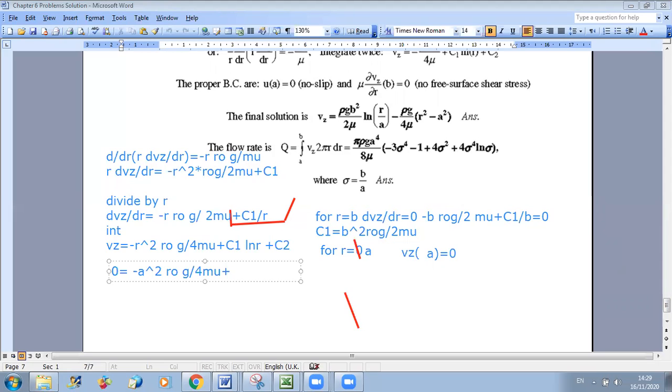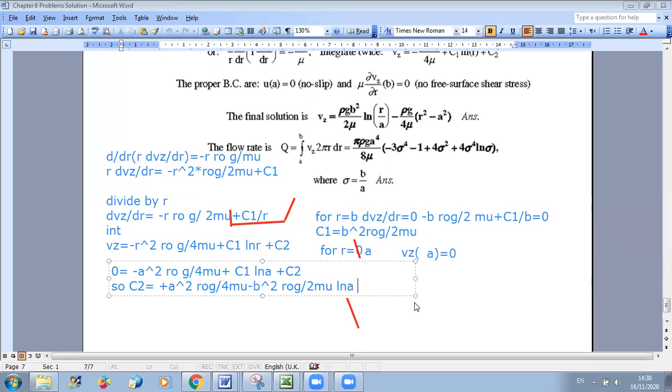So we conclude c2 is equal to plus a square times rho g over 4 mu minus c1, and if we replace c1 by its value, so minus b squared times rho g over 2 mu, times ln a.